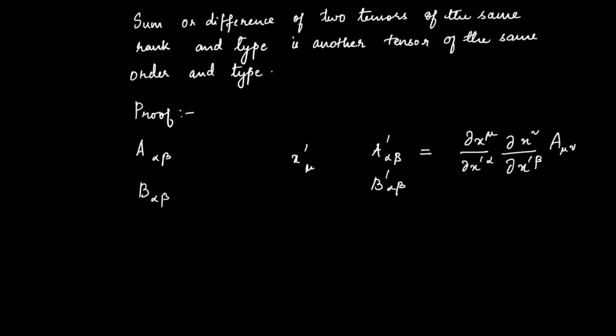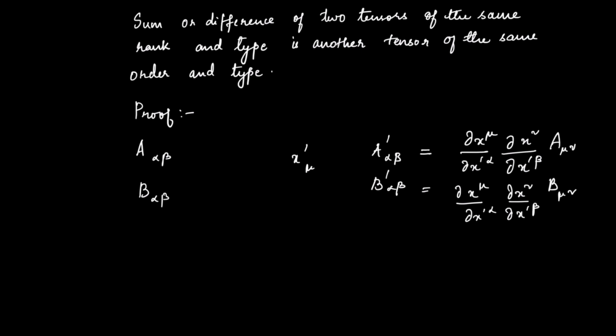Now B prime alpha beta can be written as partial derivative of x mu with respect to x prime alpha, right? Partial derivative of x nu with respect to x prime beta, B mu nu.